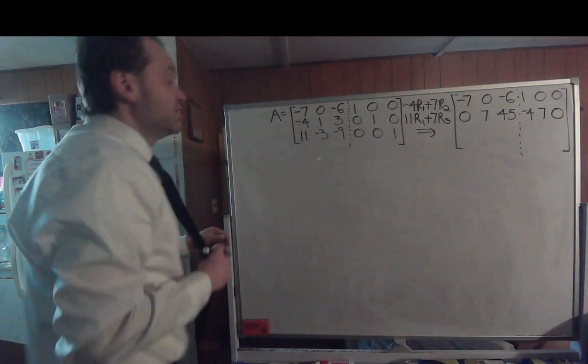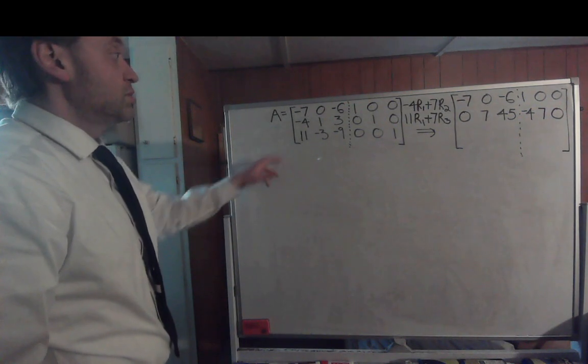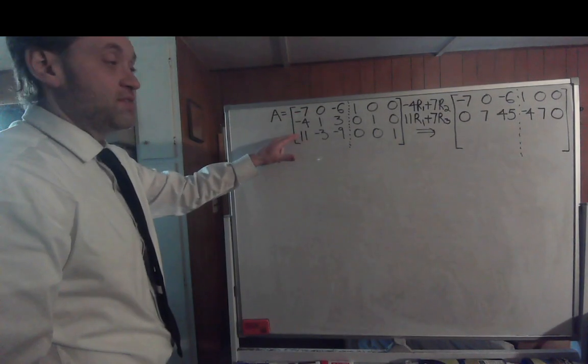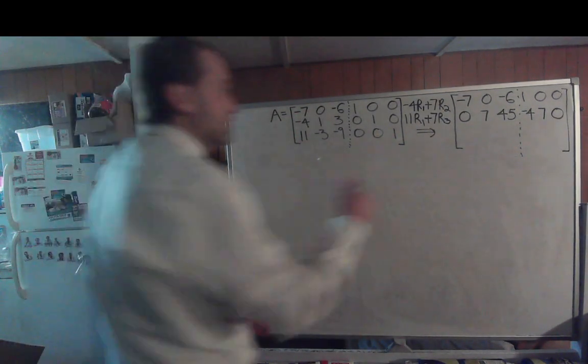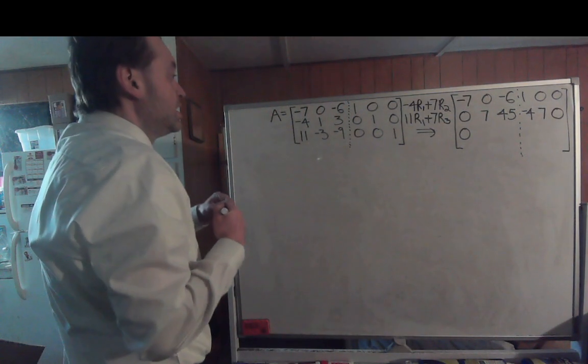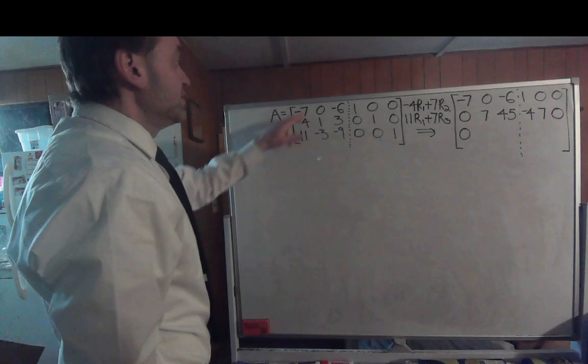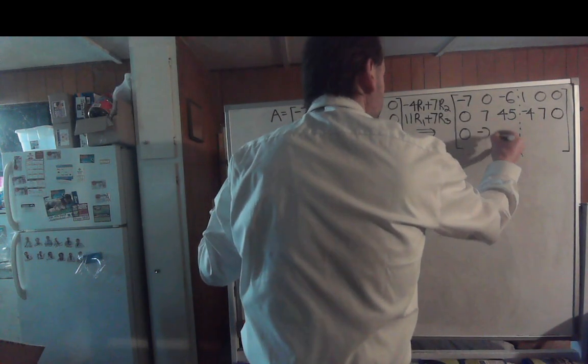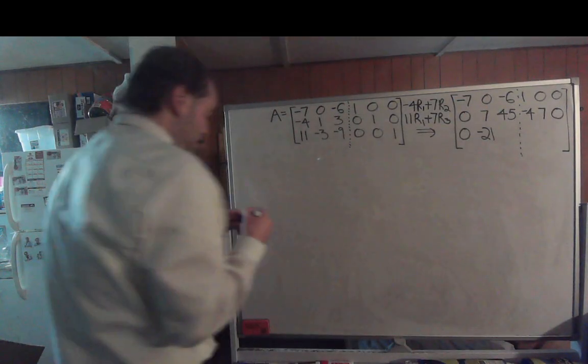Alright, now let's deal with rows 1 and 3. So 11 times -7 is -77, plus 7 times 11 is positive 77, so you'll actually end up getting 0 here also. Alright, 11 times 0 is 0, minus 7 times 3, that'd be -21.